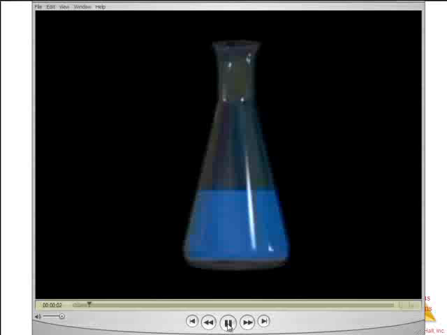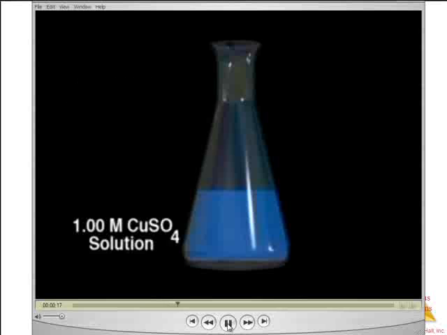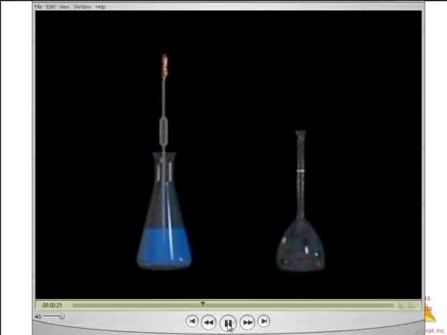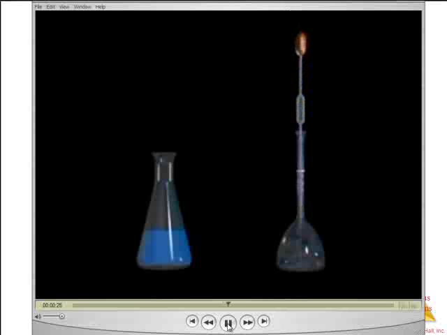Suppose we wish to form a solution of known concentration by diluting a more concentrated solution of known concentration. We wish to prepare 250 milliliters of a 0.100 molar copper sulfate solution, beginning with a 1 molar stock solution. We first withdraw precisely 25 milliliters of the stock solution with a 25 milliliter pipette.